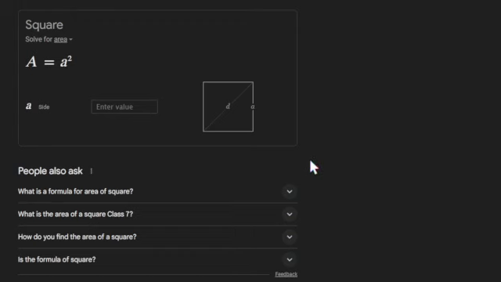And try figuring out what the area of a square with 6 on each side is. So this over here is the area of a square. This is the formula we're going to be using. So we're going to see what the area of a square is.